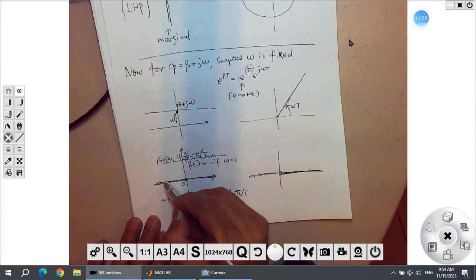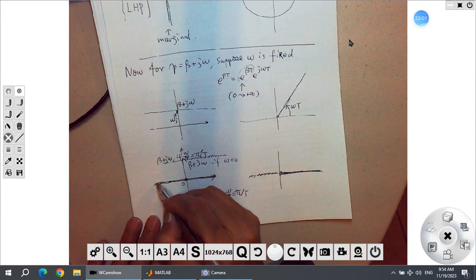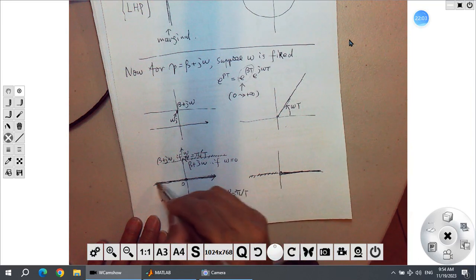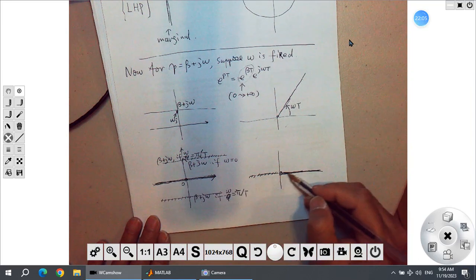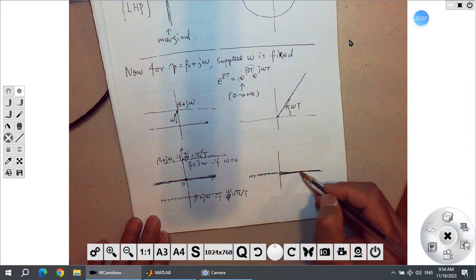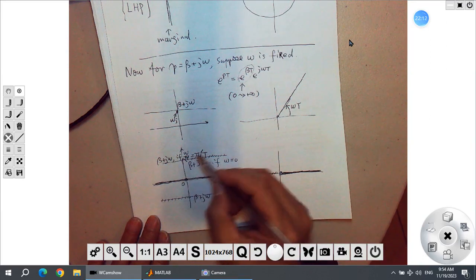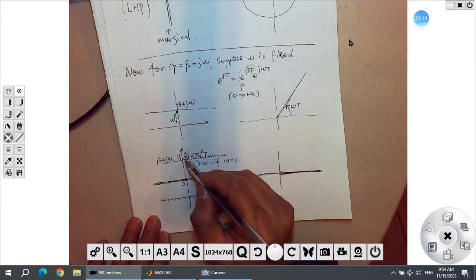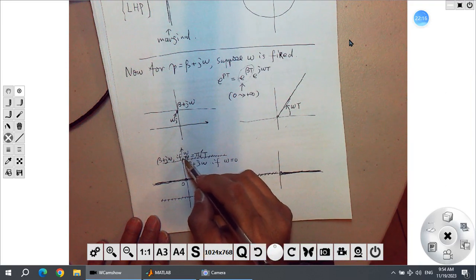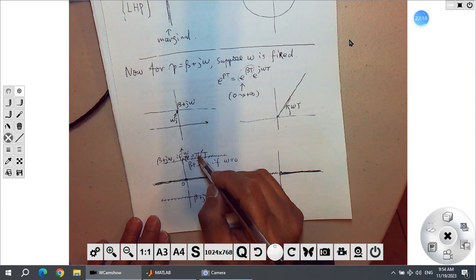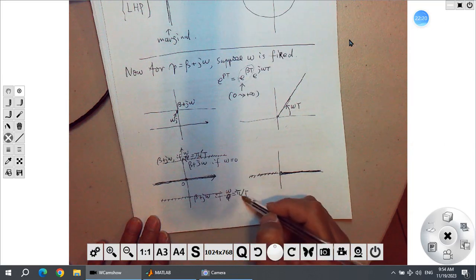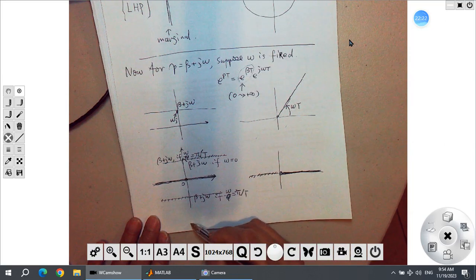If the line is here, the real axis in the S domain, then in the Z domain it is the positive real axis. If in the S domain the straight line goes across pi over T, or odd multiples of pi over T, like negative pi over T, negative 3 pi over T, that is where we go back.